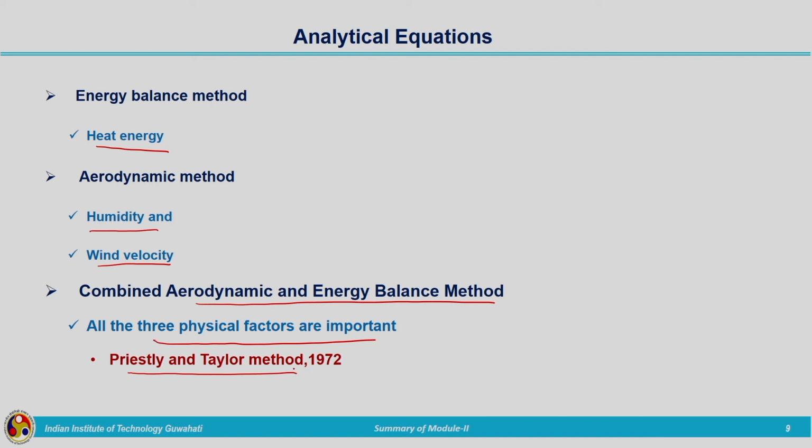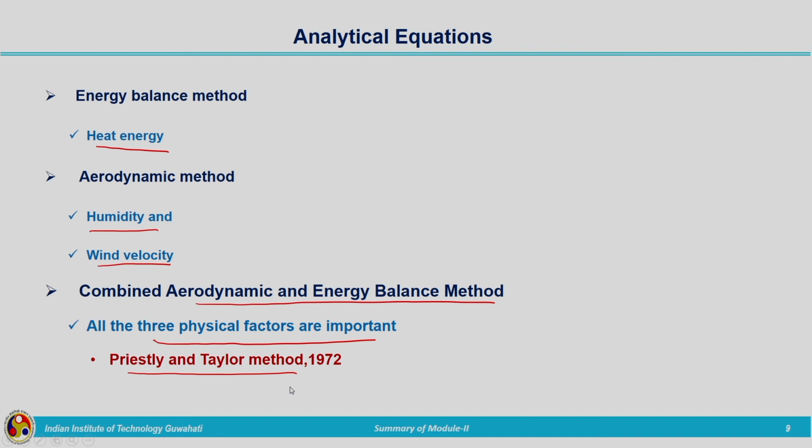In the Priestley and Taylor method, these researchers conducted many experiments and calculated the evaporation based on the energy balance method and the aerodynamic method. They found that the evaporation due to the aerodynamic method is almost 30% of the evaporation due to the energy balance method.